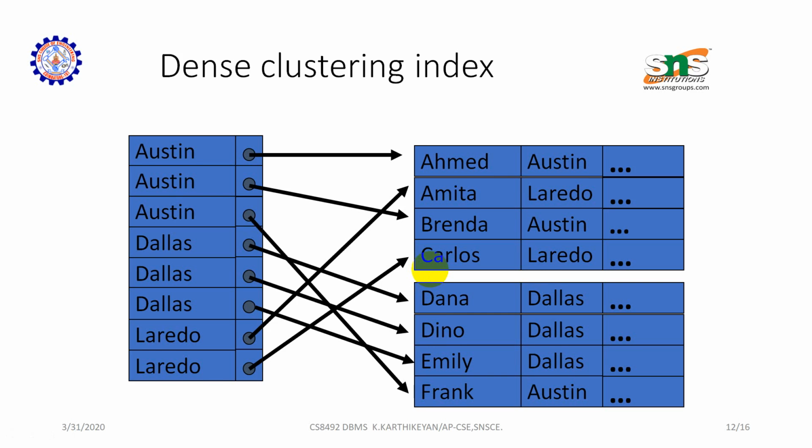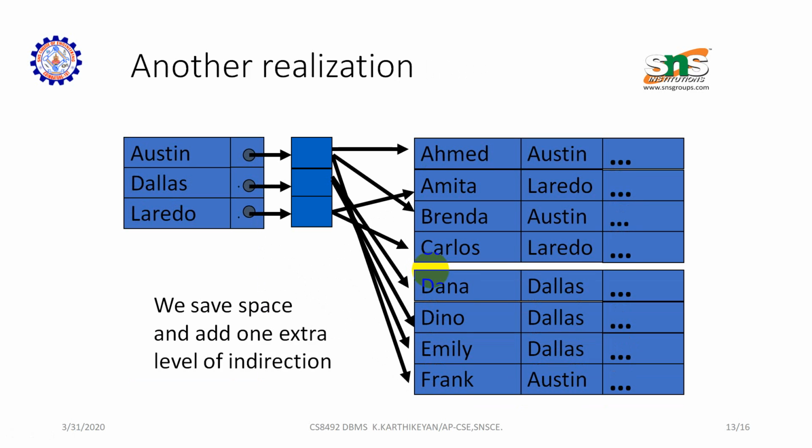Next, another realization of the process is hashing. We save space and add one extra level of indirection. Based on the indirection, values are available, so you can record to minimize space.